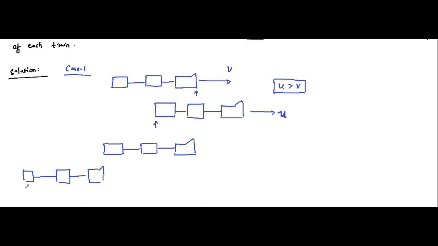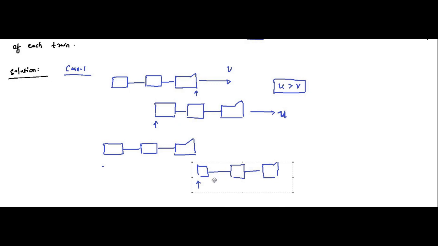This is the position of the last bogie. Then this train reached this position, and then it crossed by this much.